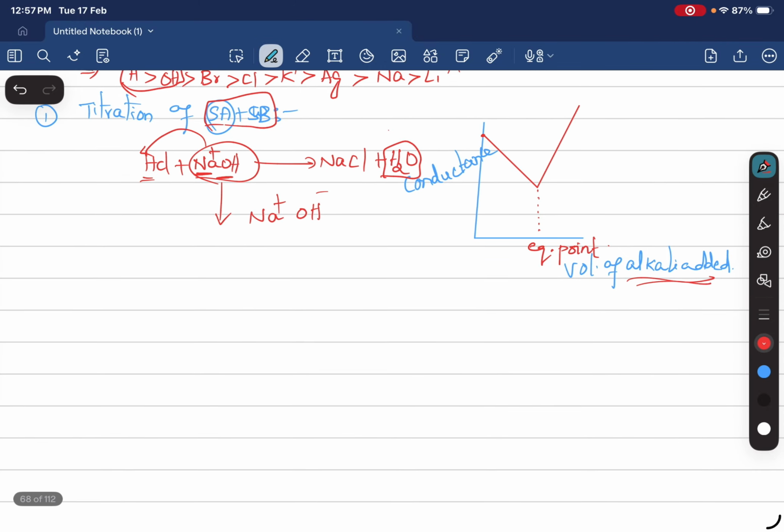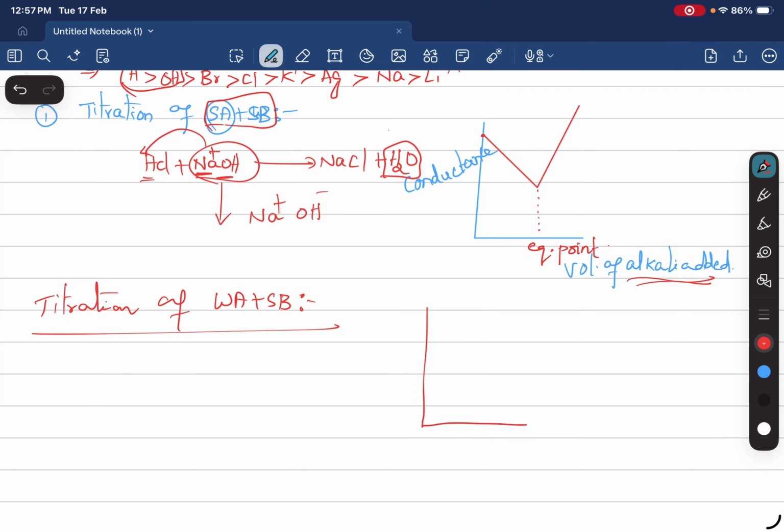Coming to the second case, titration of weak acid with strong base. We can take the example of the weak acid CH3COOH and the strong base NaOH. Over this reaction we get CH3COONa plus H2O.